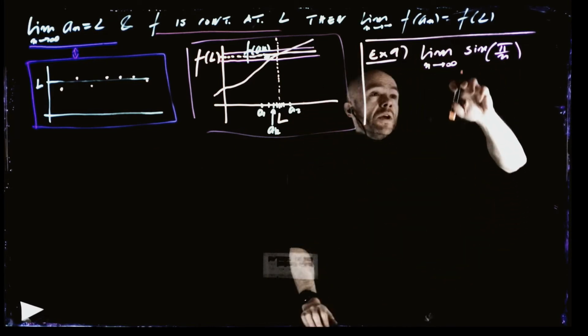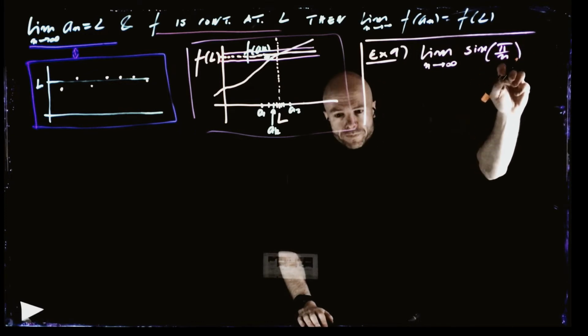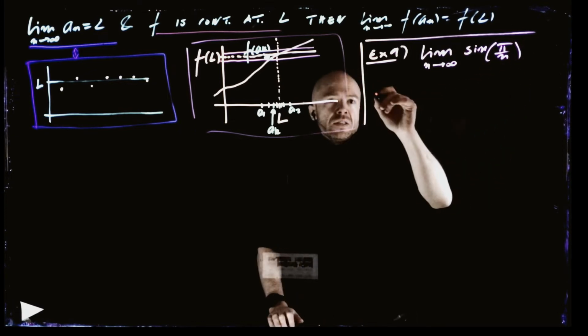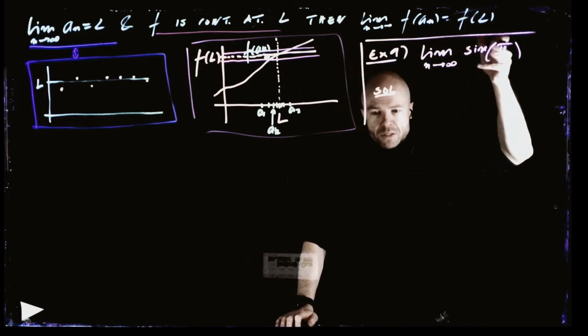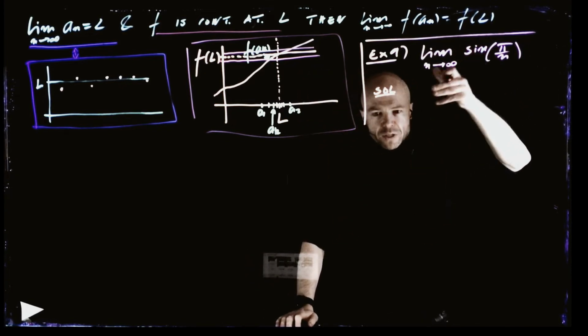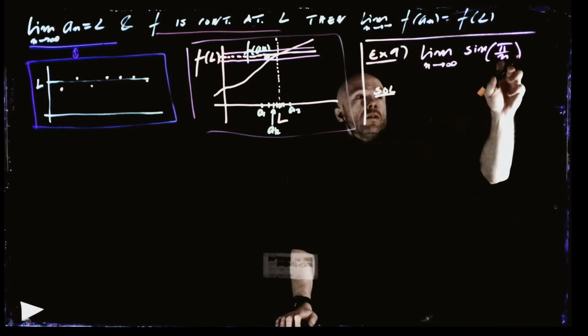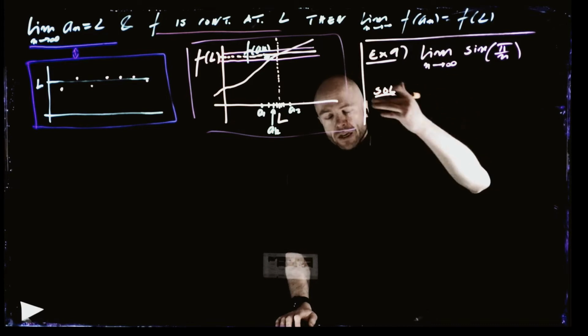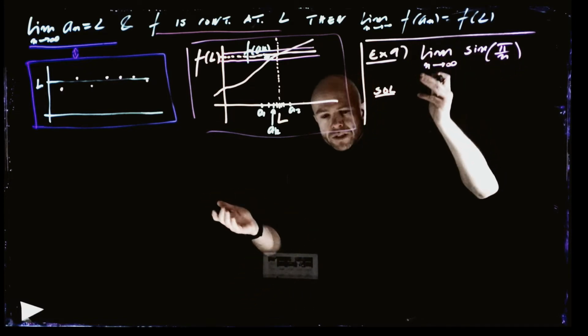So what is this? We have a function, sine, acting on a sequence, pi over n. We know that this function is continuous everywhere, so we'll have no problems applying this theorem. And if we think about what pi over n is tending to, it is tending to 0. And for sure, sine is continuous at 0, it's continuous everywhere.